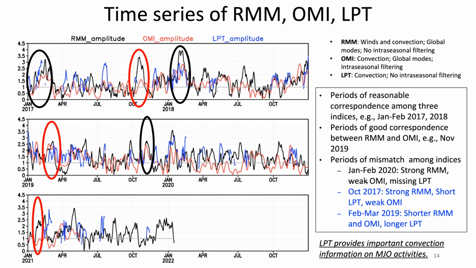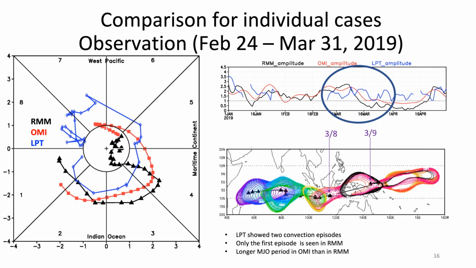And another period is 2019 February, March, where we see a short RMM and a longer period for LPT. So the message here is that these indices provide complementary information. And we do need convection information, especially local information, to give a good picture of the MJO. So let's go to the next slide.